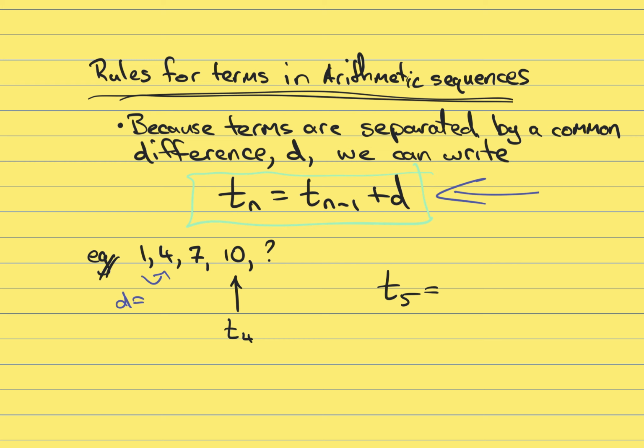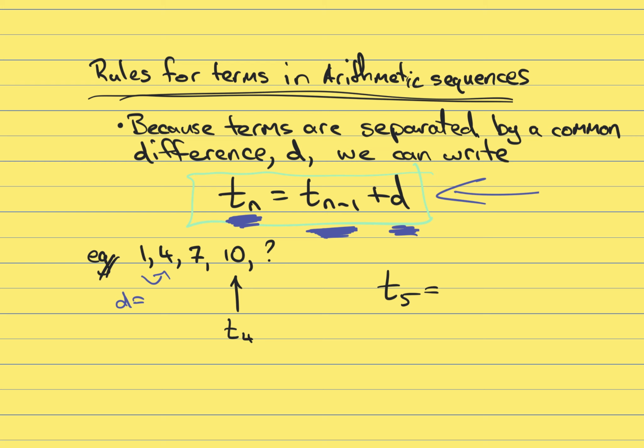So I'll read that one out. Tn is equal to Tn minus 1 plus D. So what that means is if I have a term, which I'm going to call Tn minus 1, and I add the difference D to it, that'll tell me the next term along, Tn. So see what the n and the n minus 1 means there. N minus 1 is the one you've got.